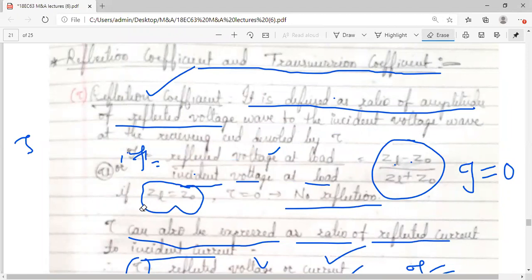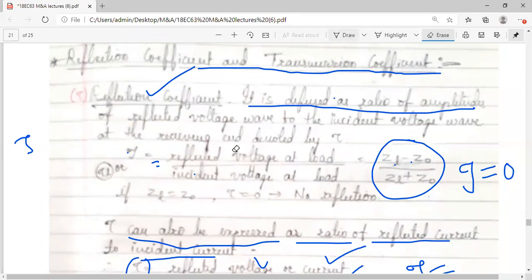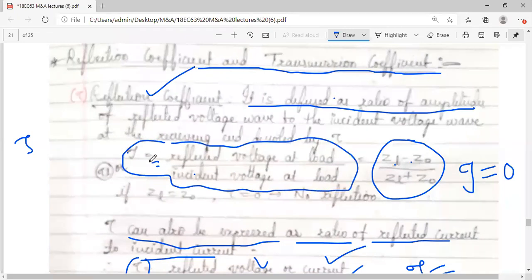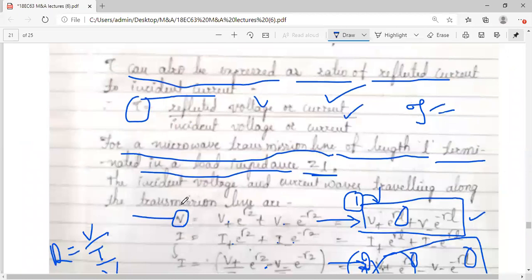If you see here, when we wrote the equation of tau, we wrote tau is equal to reflected wave divided by incident wave. So for the transmission coefficient, just exchange the numerator and denominator. Incident by reflected.